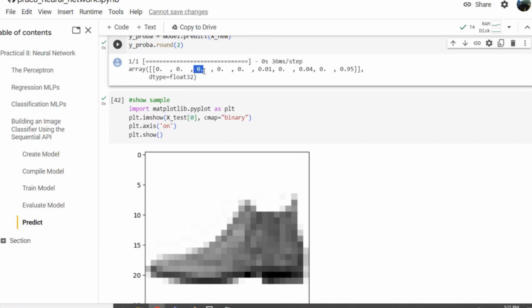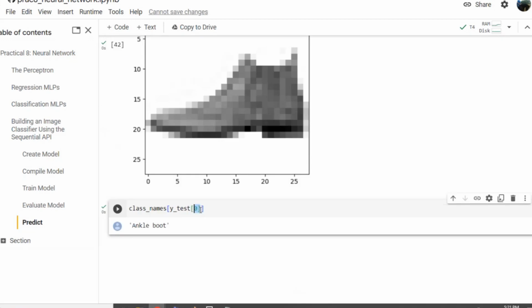The third neuron, for pullover, also says 0, and so on. The last neuron is for ankle boots. It tells us it is 95%. So after all, how to determine the final output? You look for the highest probability. The highest probability comes from the last neuron, correct? The last output neuron, which has index 9. 9 means, as we said here, if we check 9, it is for ankle boot.